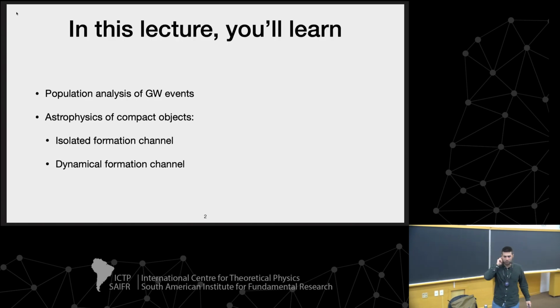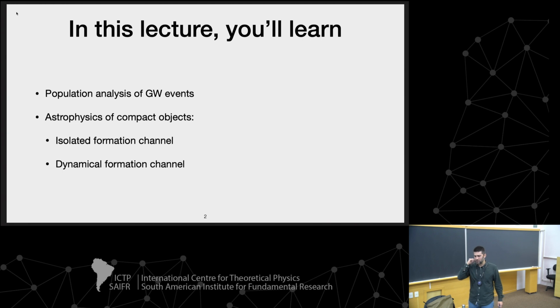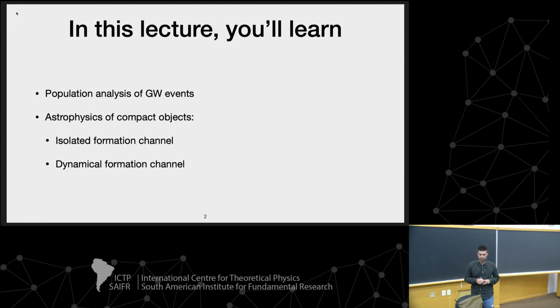So lecture number 2, what you learn. Yesterday we saw how we get one detection and how we get parameter estimation for just one single source. Today, everything is going to be focused on the population. So we are going to see how the LIGO-Virgo collaboration does the population analysis given all gravitational wave events.